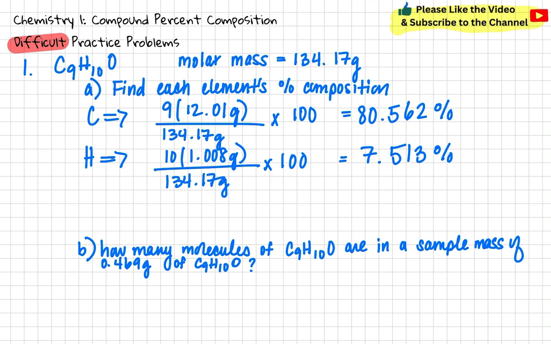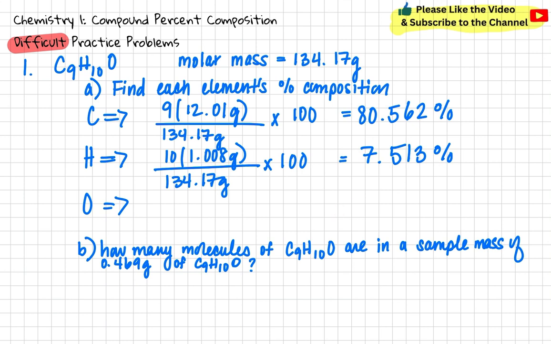7.513%. For oxygen, you can follow the same process, but for time's sake, I want to show you guys how we can add these two and then subtract whatever that result is from 100. So 7.513 plus 80.562 is 88.075%.